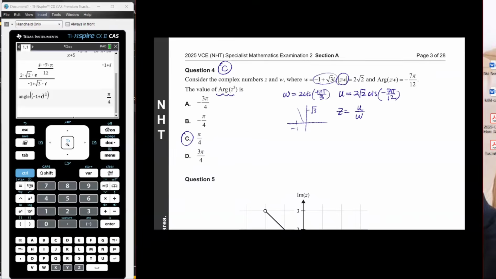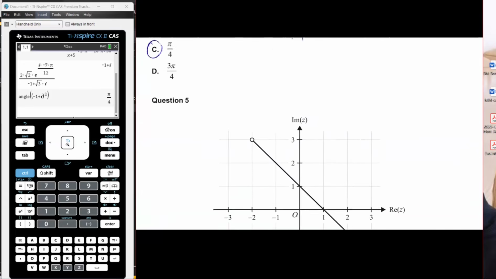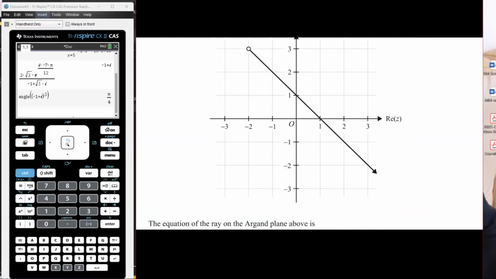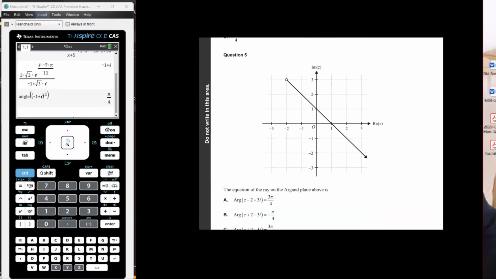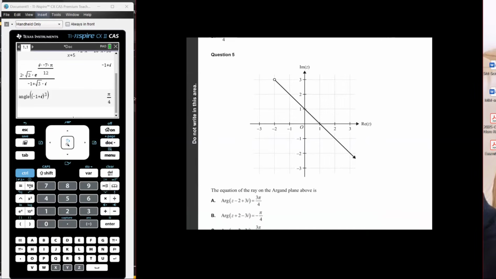Let's have a look at question 5. The equation of the ray on the Argand plane. Oh, this time they say Argand plane rather than the Argand diagram. Anyway, the starting point of this ray is minus 2, 3.